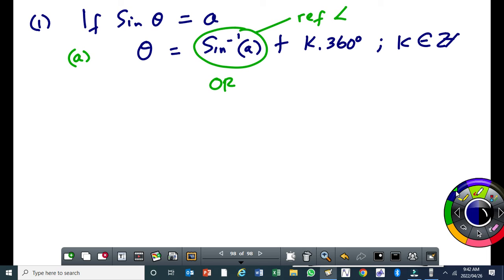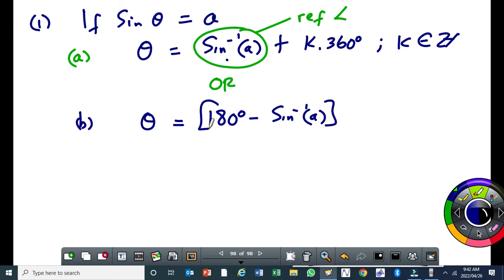So the angle in the second quadrant can be determined by subtracting this one here from 180 degrees. So the second general solution for sine will be theta is equal to 180 degrees minus shift sine of A plus k times 360 degrees, where k is an integer.